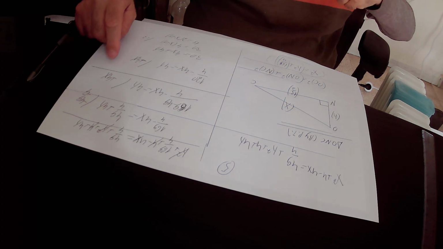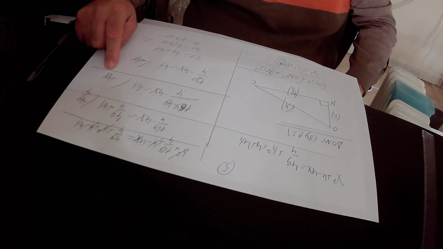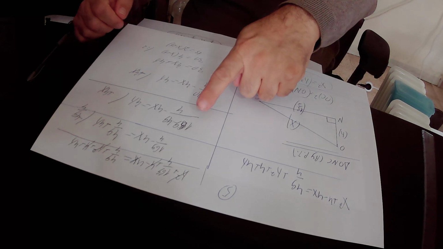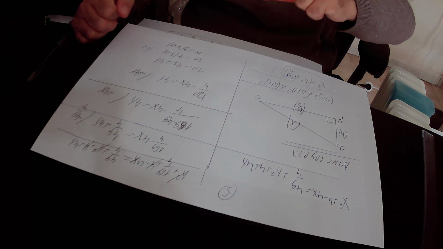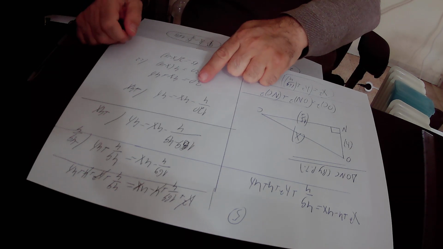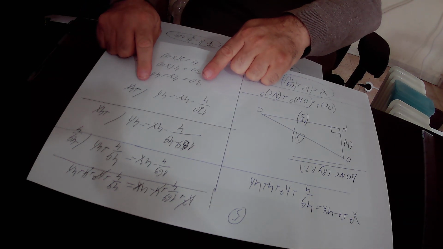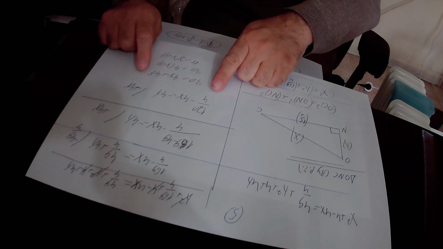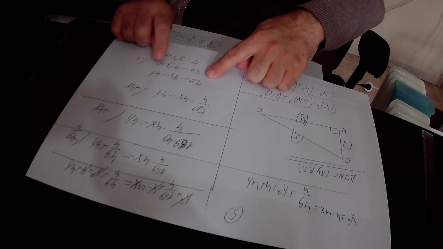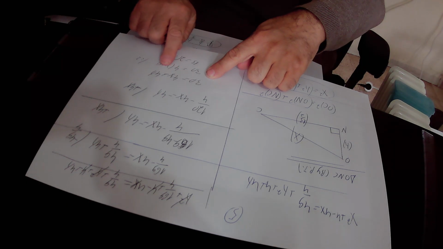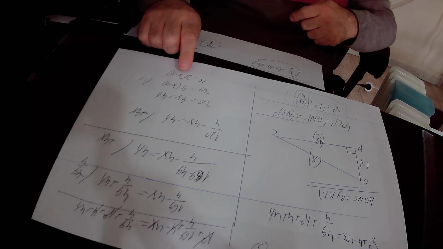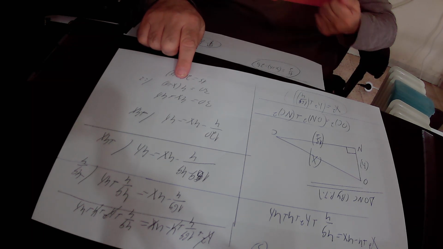Then we added 4x to this equation. 169 minus 49 is 120, so in total this expression equals 120 over 4, which is 30, and it is equal to 4x plus 4h. Then we took 4 as a common factor from those two expressions, so inside the brackets we have x plus h.